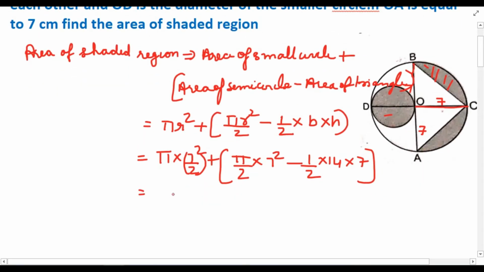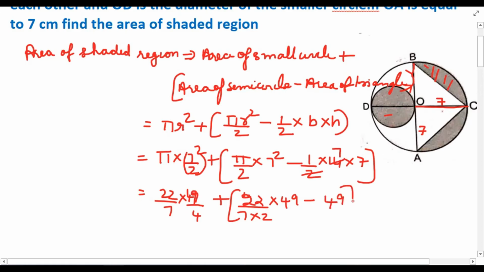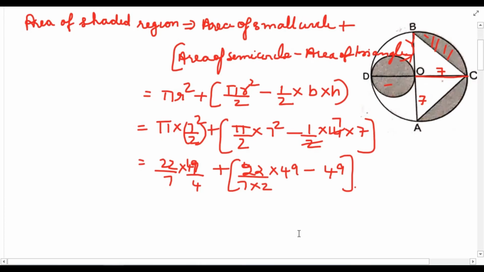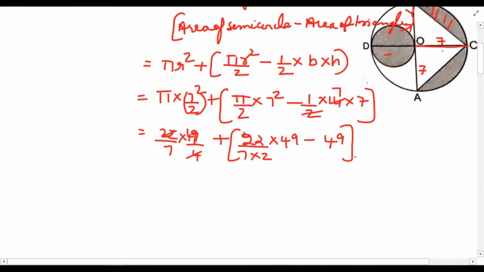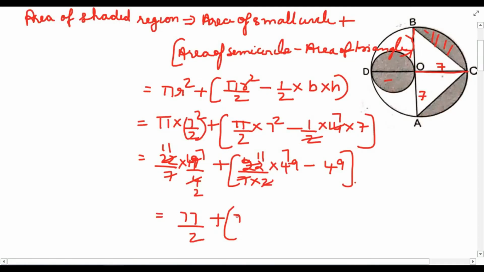So this we can write as 49 pi, or 22 by 7 into 49 by 4, plus again 22 by 7 into 2 into 49, minus 49. Cancelling, this is equal to 77 by 2 plus 77 minus 49, which is equal to 77 by 2 plus 28.